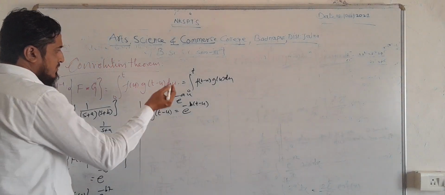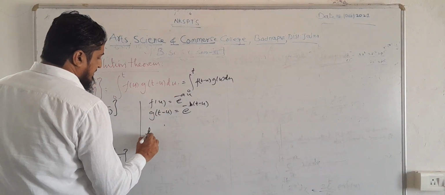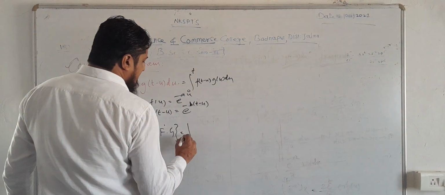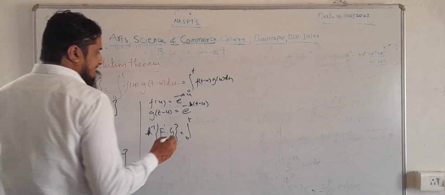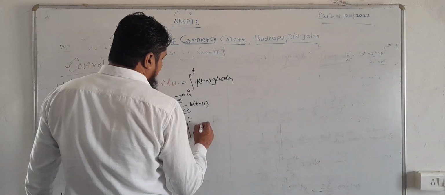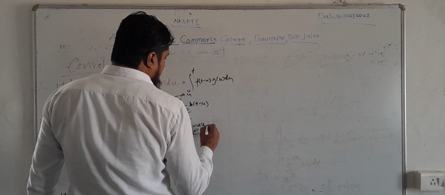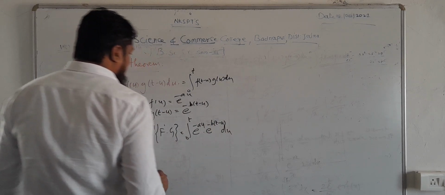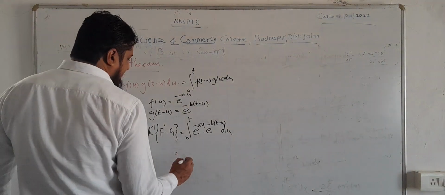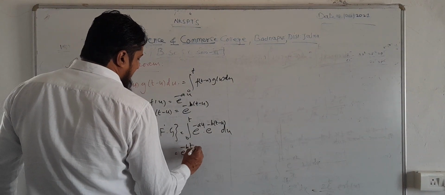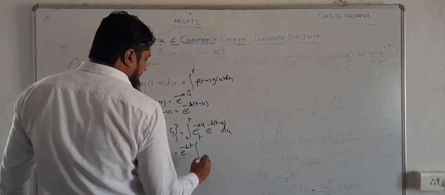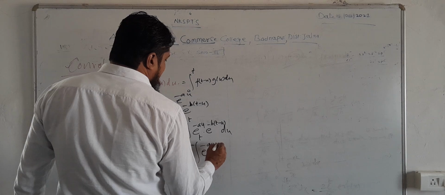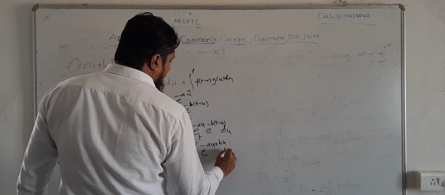Correct? So the inverse Laplace transform of f into g becomes integration from 0 to t e raised to minus au into e raised to minus b into t minus u du. After simplifying this, we will get e raised to minus bt outside the integration from 0 to t e raised to minus au plus bu du. Correct?